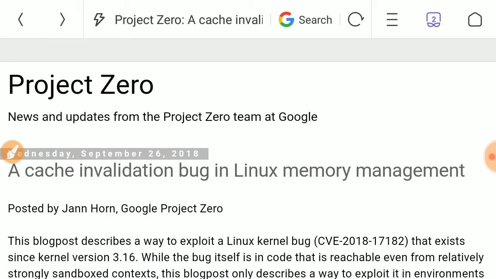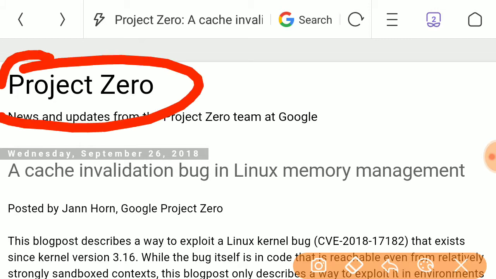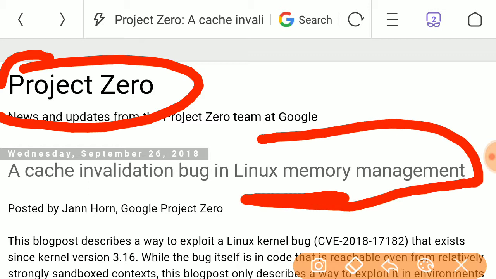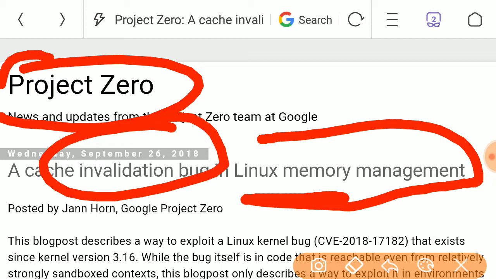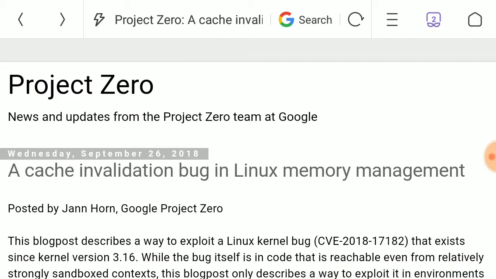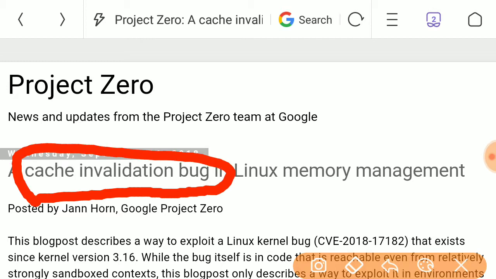Now, this Project Zero team has discovered a vulnerability in Linux memory management on 26th of September, that is 3 days ago, and they call it a cache invalidation bug. Now, what is a cache? Cache is the fastest memory co-located with the central processing unit, or CPU, of a computer.